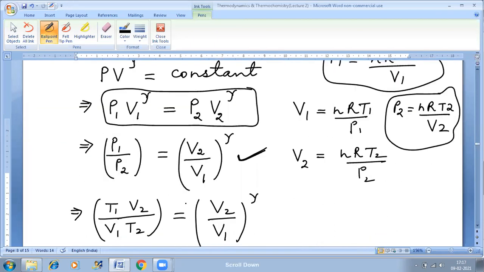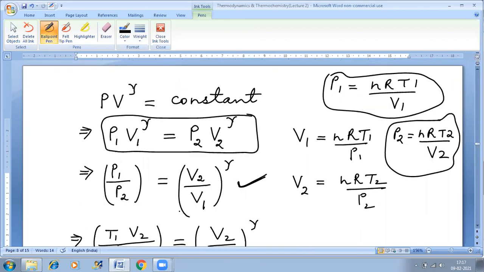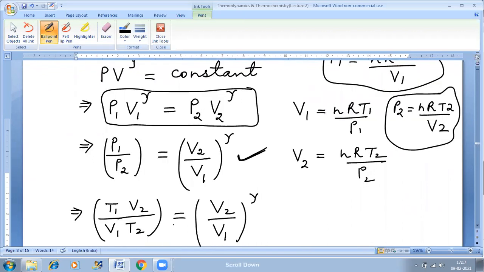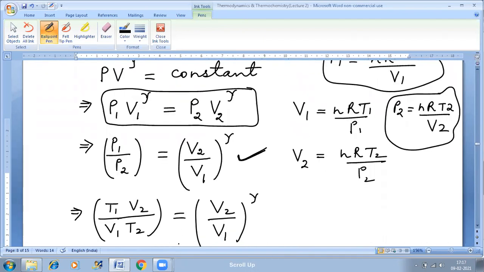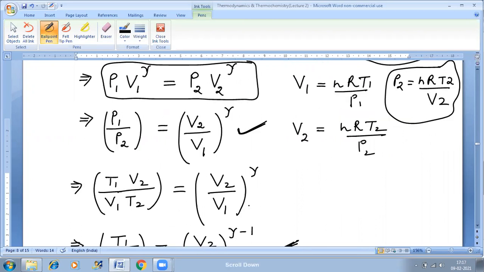I can replace P1 as nRT1 by V1 and I can replace P2 by nRT2 upon V2. If I do that, I'll get this relation. That is what? This one. T1 V2 upon V1 T2 is equal to V2 upon V1 raised to gamma.